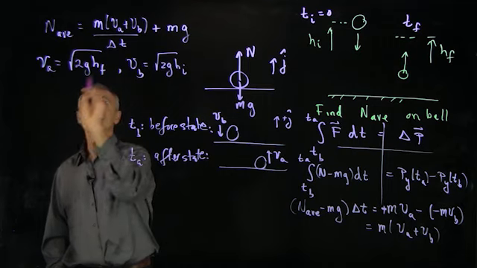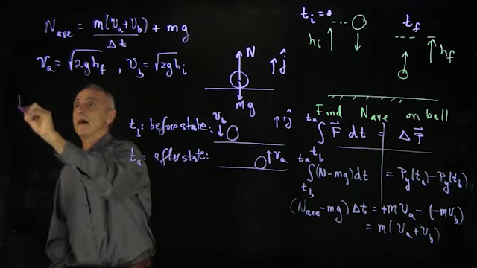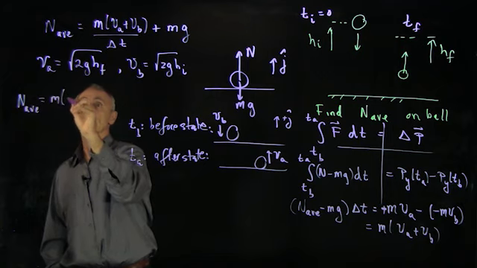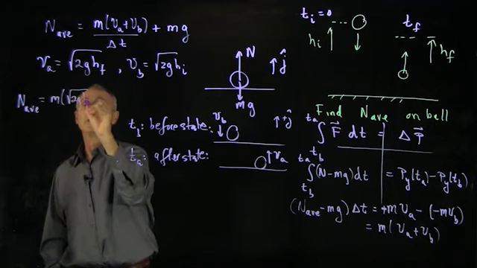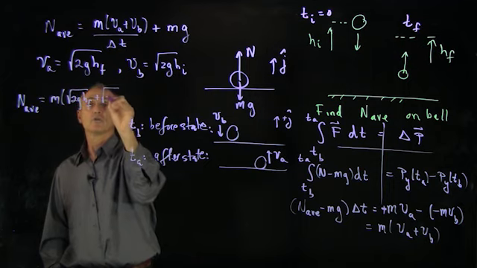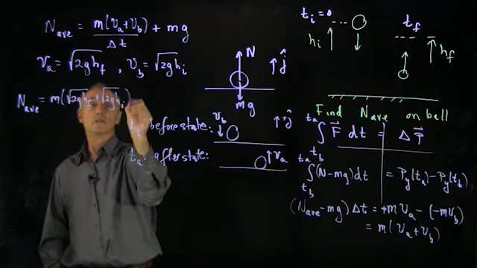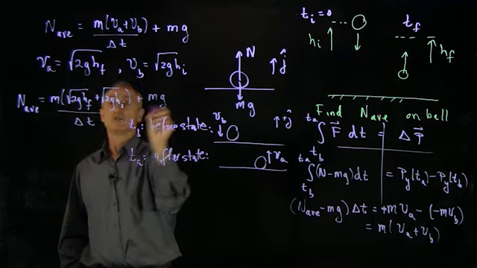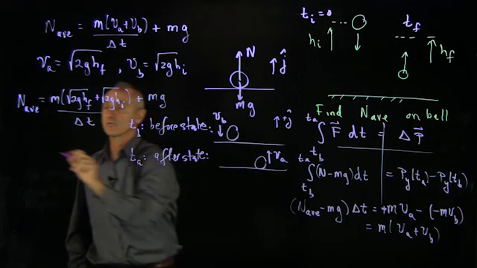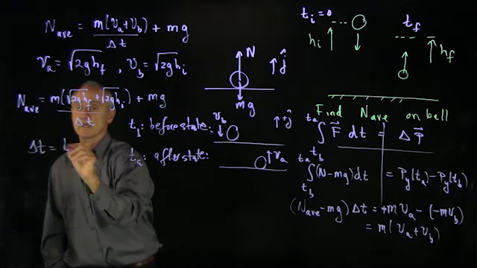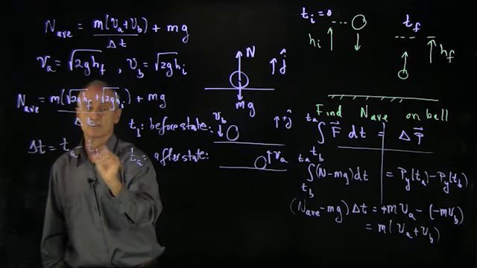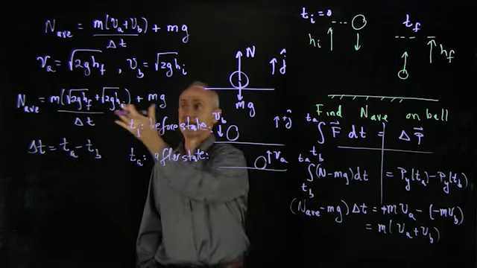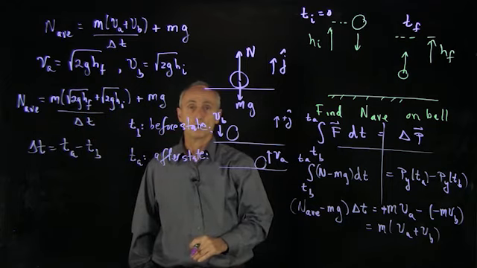And so now we can conclude with these substitutions that the average force equals m times the square root of 2g h final plus the square root of 2g h initial, over the collision time, plus mg. And of course, the collision time we're saying is t after minus t before. And so that's how we can use the momentum principle to get an average expression for the normal force.